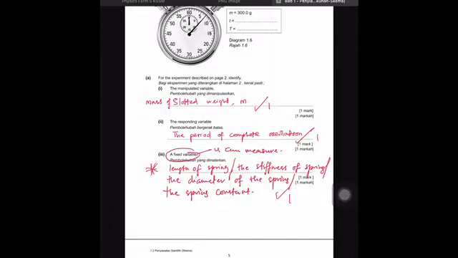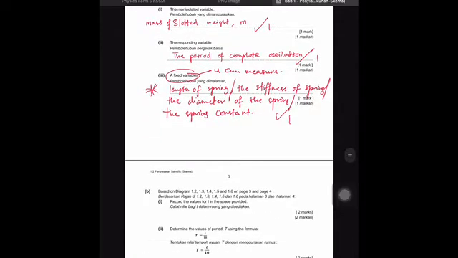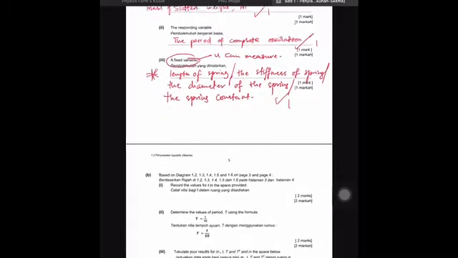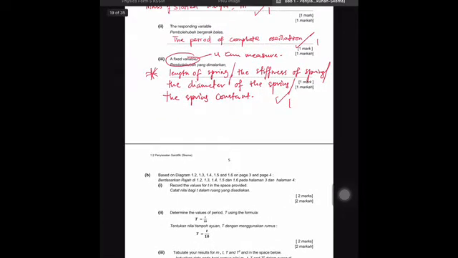Then next one. Based on diagrams 1.2, 1.3, 1.4, 1.5 and 1.6 on page 3 and page 4, record the values for T in the space provided. You see 2 marks. Then determine the values of period t using the formula.